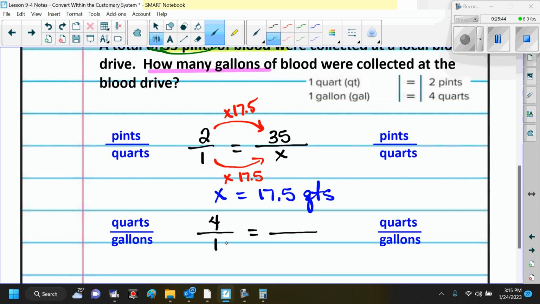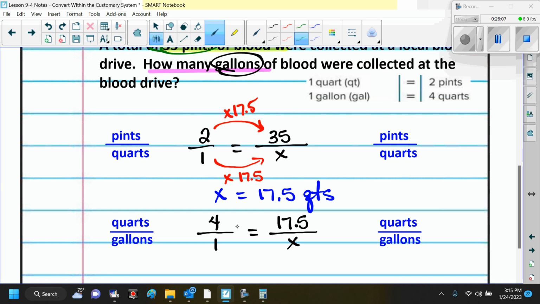Yeah. So now, where do I put the 17 and a half quarts? In the numerator. Very good. So that's 17.5, and we're trying to get to gallons, right? That's what we're looking for.